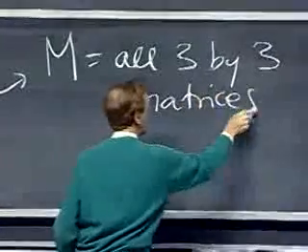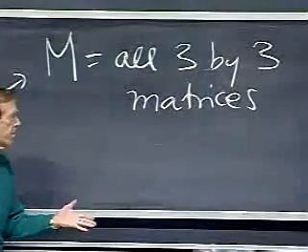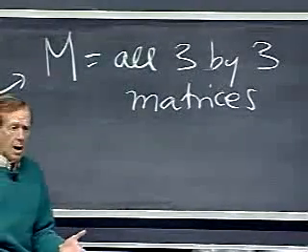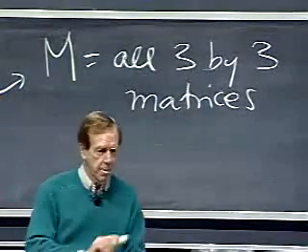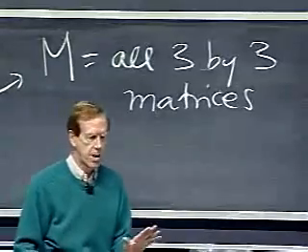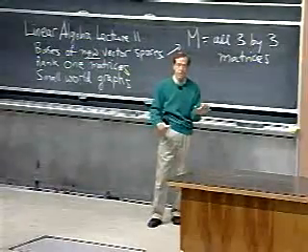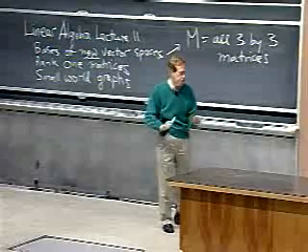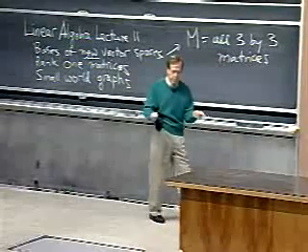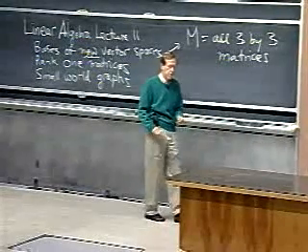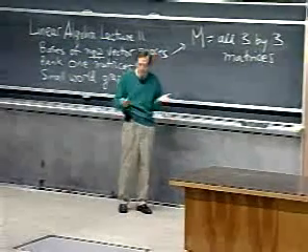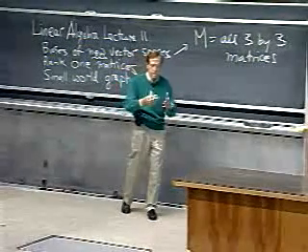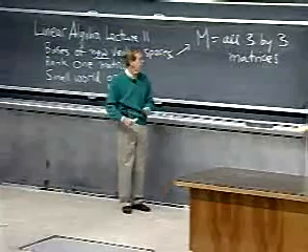I can add them, I can multiply by scalars. I can multiply 2 of them together, but I don't do that. That's not part of the vector space picture. The vector space part is just adding the matrices and multiplying by numbers. And that's fine. We stay within this space of 3 by 3 matrices.